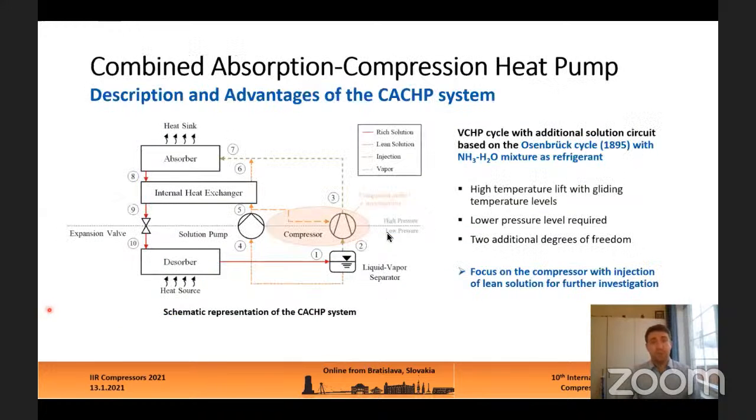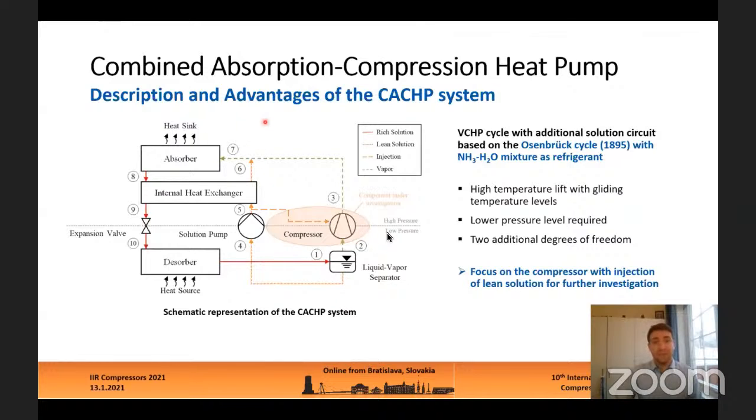First, I want to introduce the combined absorption compression heat pump system to you and give a description of the advantages of this system. On the left side, you see a schematic representation of this system, which is a simplified vapor compression heat pump cycle with an additional liquid circuit.